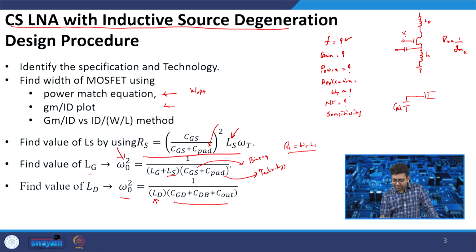This is V bias, this is V in, this is V out. The same as the common source LNA, we can also use an LD, and you can find out the value of LD. So, this is how the basic configurations of common source and common gate can be designed.